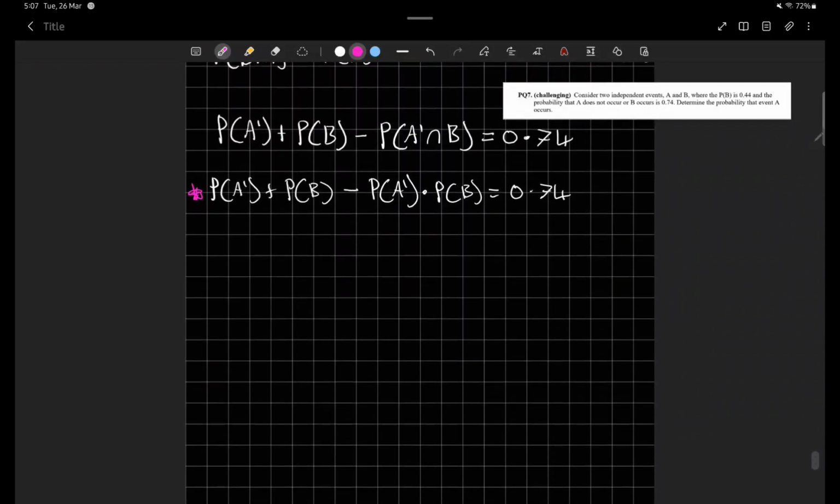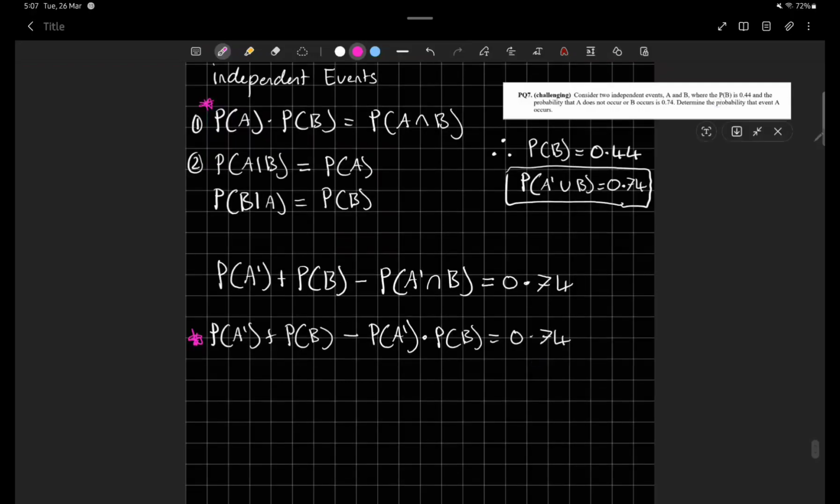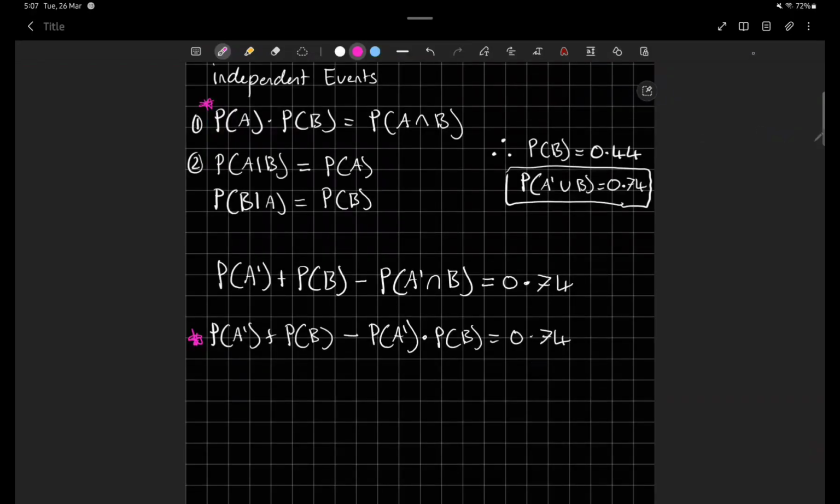And next, I see in our givens that we can substitute in values.